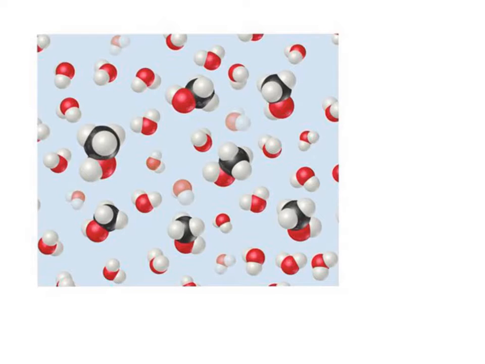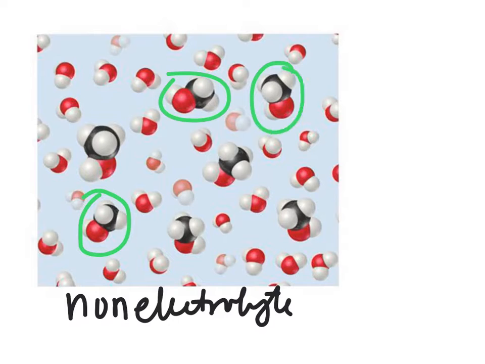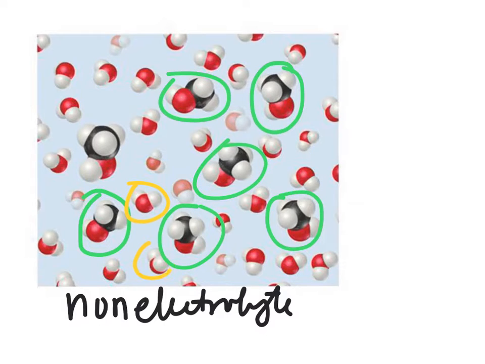And this is a zoomed-out picture of another non-electrolyte molecule dissolved in solution. This non-electrolyte is again covalently bonded, and I can circle them here in green. Here they are, just floating around in the solution, surrounded by all of these water molecules. And these water molecules are still interacting with the dissolved solute.